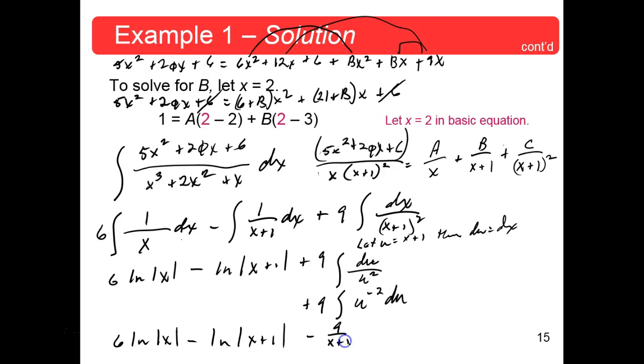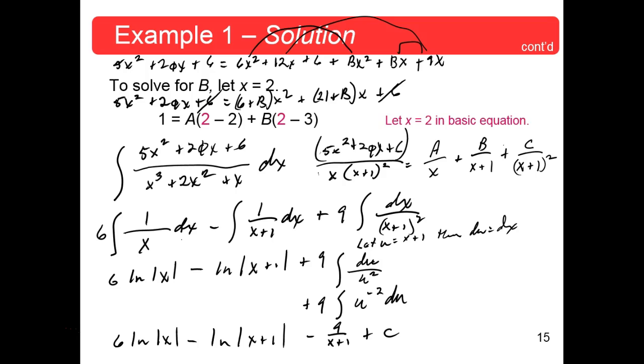And you don't need absolute value bars there. What else do we need? Indefinite. Plus C. Don't forget our little plus C. I think we have it. There is the integral of that thing.